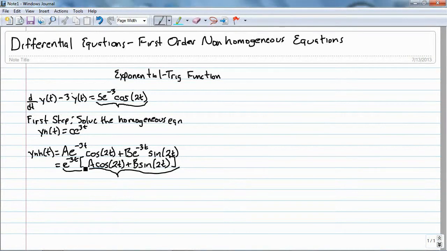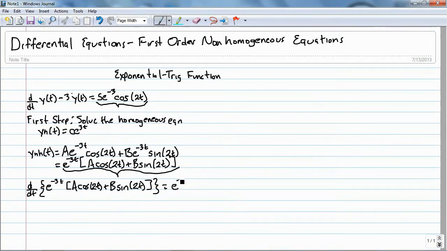So I'm just going to do this part here, just the derivative, and I'm going to break it down into small parts, because we've got to use the product rule along with the chain rule.